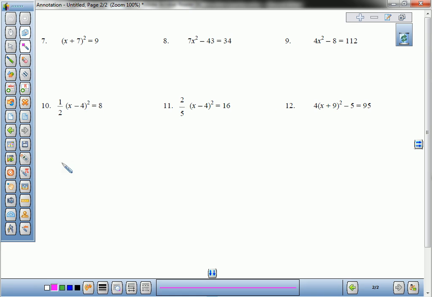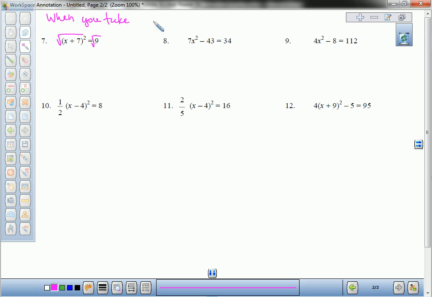All right. So instead of a cube, this is a square. So instead of a cube root, what kind of root did we take? A square root. Now, even roots are different. When you take a square root, you always get plus or minus.